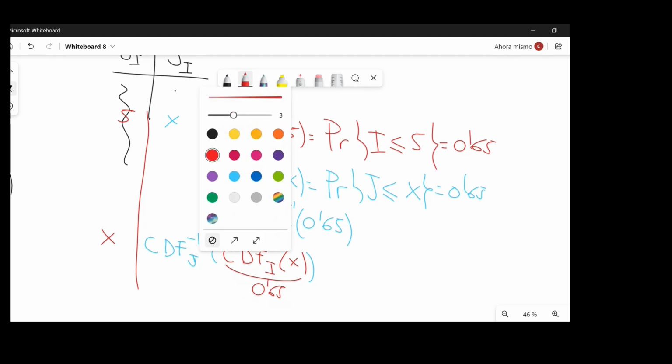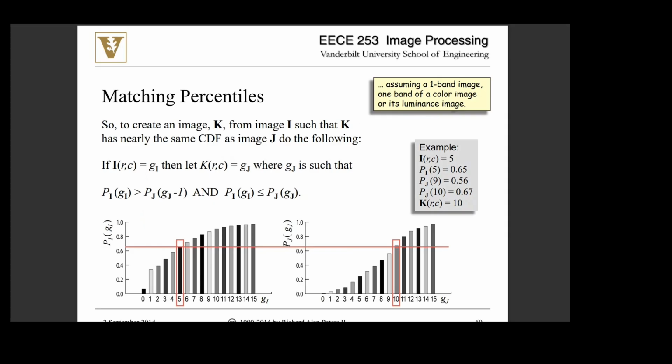Now, I will never find exactly 0.65. So I have to find one such that 0.65 is between the CDF of that value and the CDF of the next one. That I will substitute by 10. Why 10? Because the probability of being smaller than 10 is, let's say, 0.67, and being smaller than 9 is 0.60.